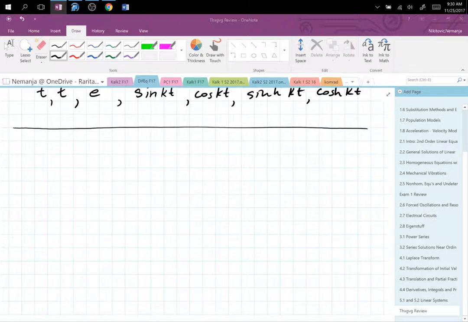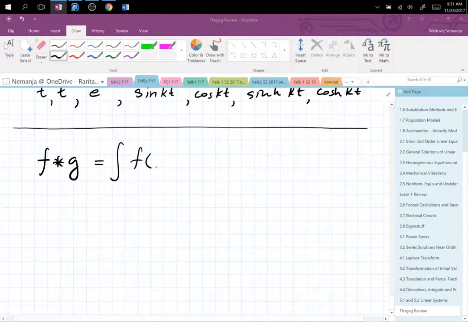So the convolution formula is on the cover of the book, with all the other Laplace stuff. Convolution between two functions is denoted f star g, and it's the integral of f of tau, and then g of t minus tau, d tau.